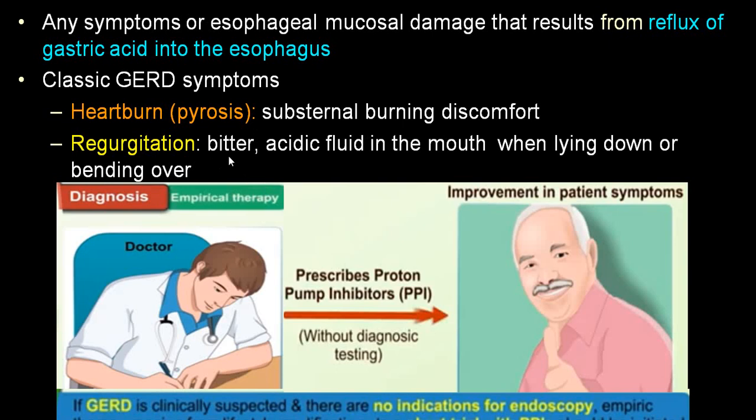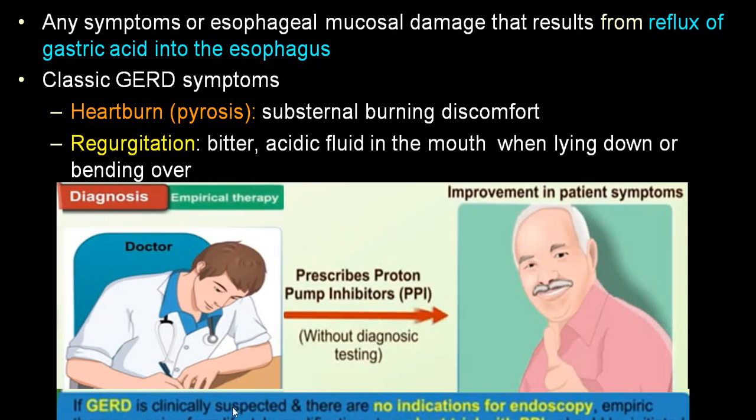Regurgitation: the person feels a bitter sensation in the oral cavity, acidic fluid in the mouth, particularly more during lying down posture, or recumbent posture, or bending over, and little improvement in a sitting posture. Indirectly, it is more in supine posture, less in sitting posture.